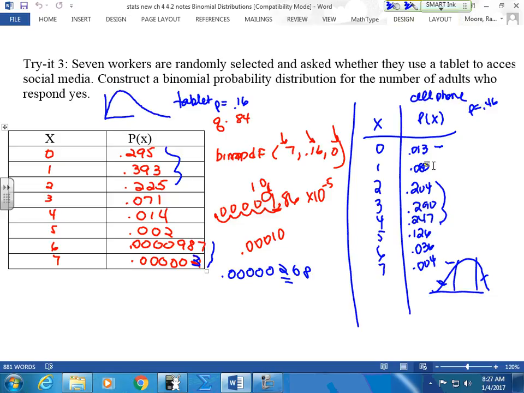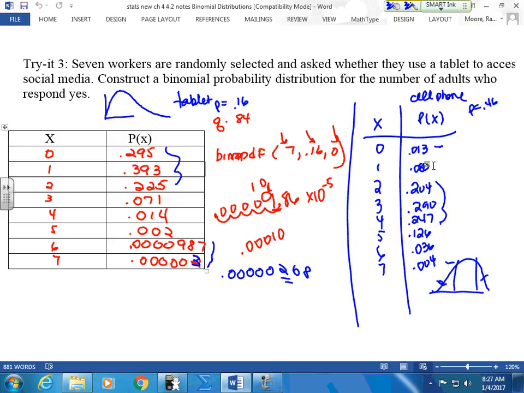I wouldn't have expected that. But if I look at the probabilities, you've got to have a backwards look to this. I would expect more people to say 0, because the probability that they're going to say yes is so small. So I am going to get some in here that are going to say yes, but not a whole lot.